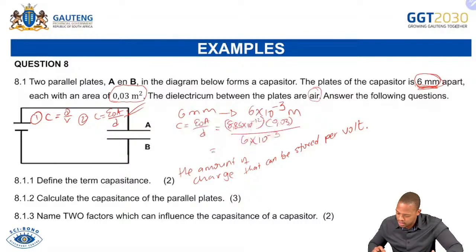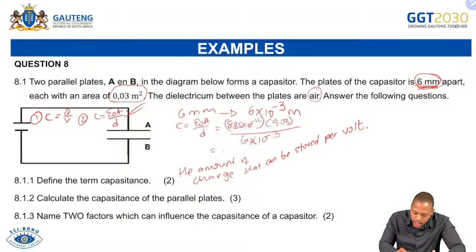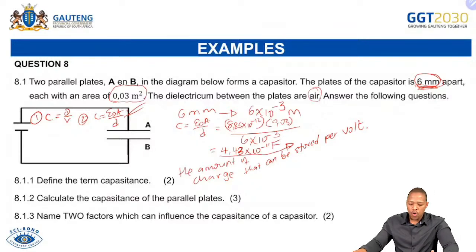I should find 8.85 times 10 to the power of negative 12 times 0.03 square meters all over 6 times 10 to the power of negative 3, as we converted them. So we should get that the capacitance is 4.43 times 10 to the power of negative 11 farads. Right. So this should be the capacitance of that capacitor.